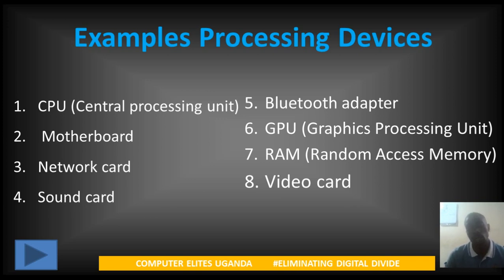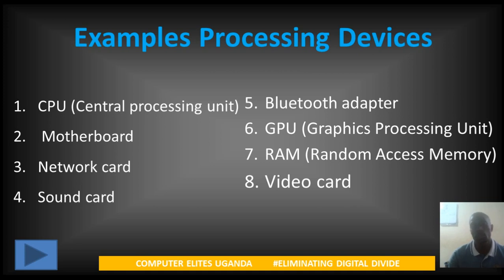Then number 6, we have the graphics processing unit. This is the device which is responsible for processing the graphics taking place within the computer. Then we have the random access memory, sometimes abbreviated as RAM. This is the working memory of the computer.